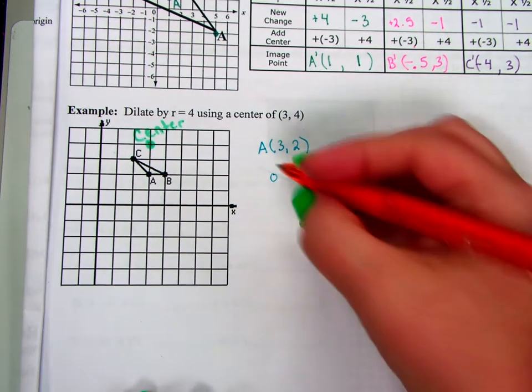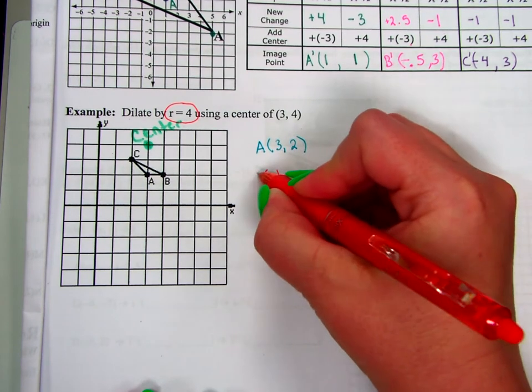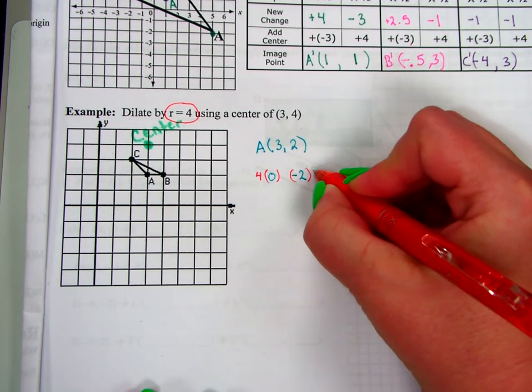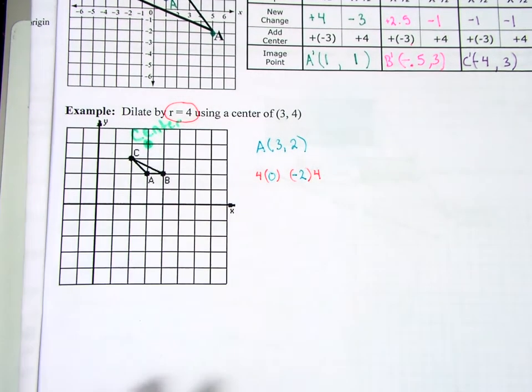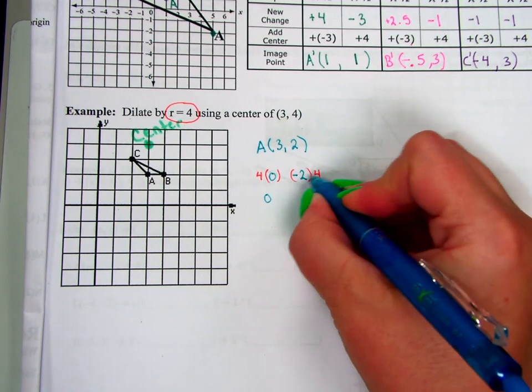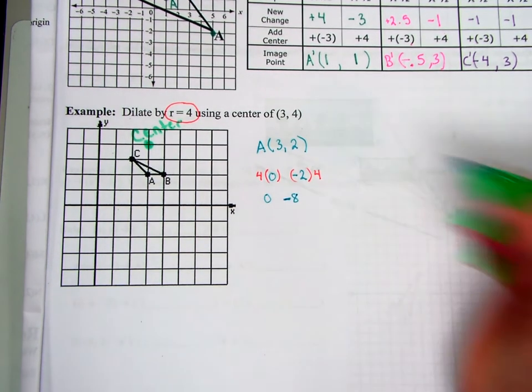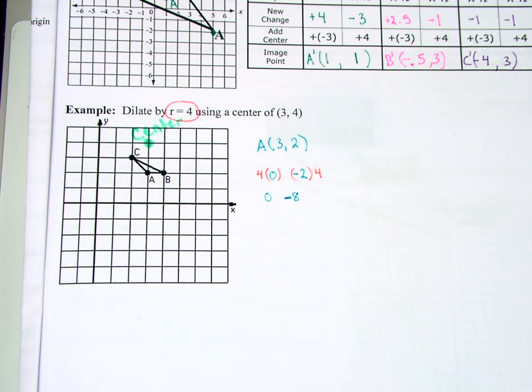We want to take that change and multiply by the scale factor. My scale factor is 4. So I'm going to multiply this by 4, and I'm going to multiply this by 4. 4 times 0 is 0. Negative 2 times 4 is negative 8. So that's going to be my new change.